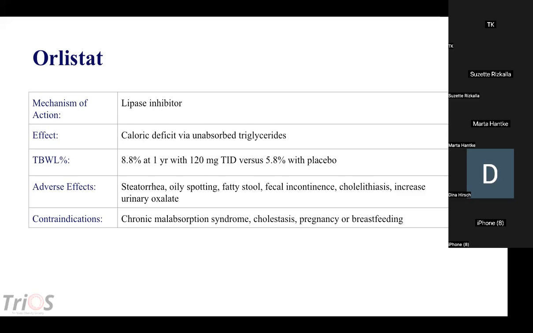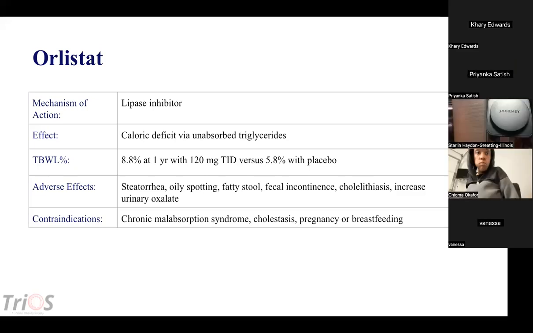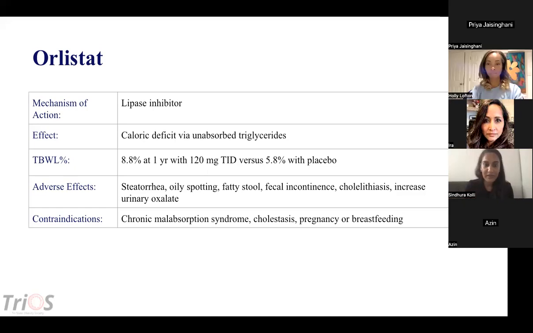So we'll see a total body weight loss of about 8% at 1 year with 120 milligram TID dosing versus 5.8% with placebo alone.